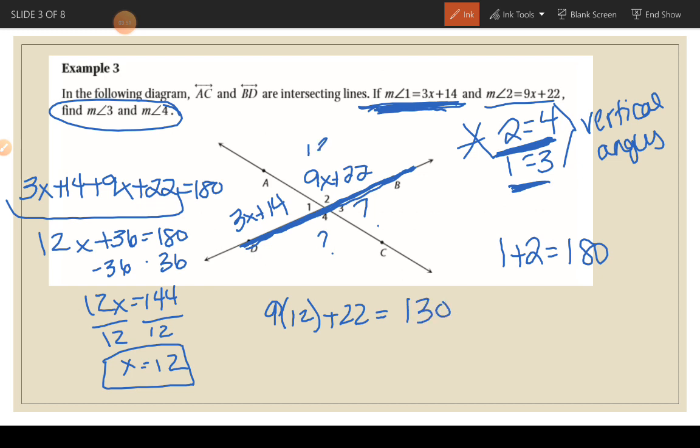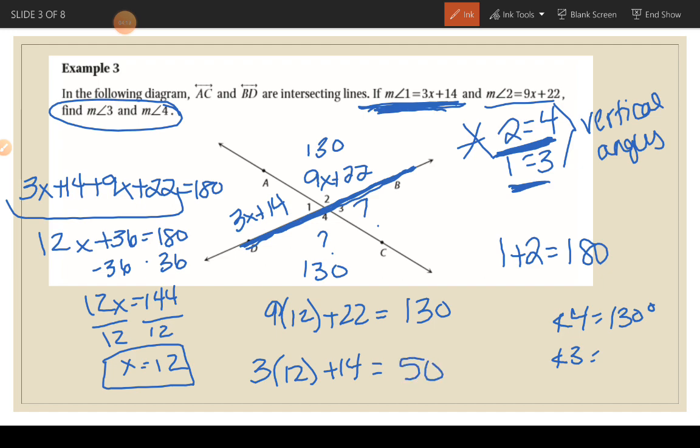So I know that angle 2 is 130, but I also know angle 4 is 130. So angle 4 is equal to 130 degrees. And angle 3 is equal to angle 1, so we're going to plug in x for angle 1. And we get 50. So angle 3 is going to be 50 degrees.